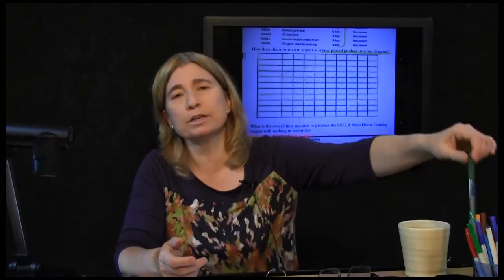Now, getting back to Gantt charting in essence, let's talk just about drawing a time-phased product structure diagram. Tips for drawing one: first off, you need a timeline. You need some type of grid. That's why there's one that's pre-printed here in this particular note page.